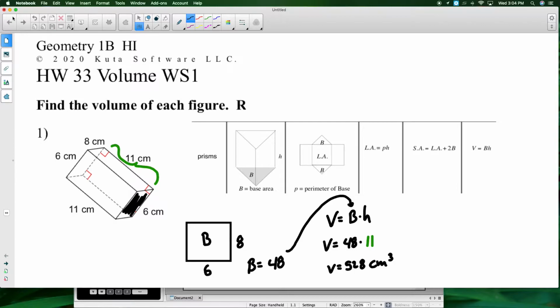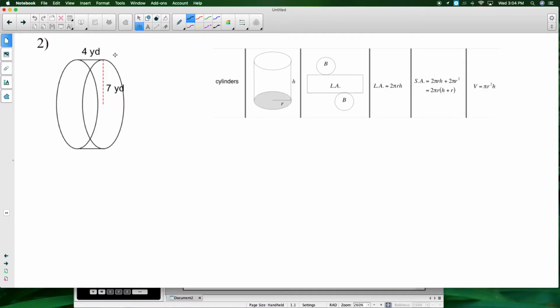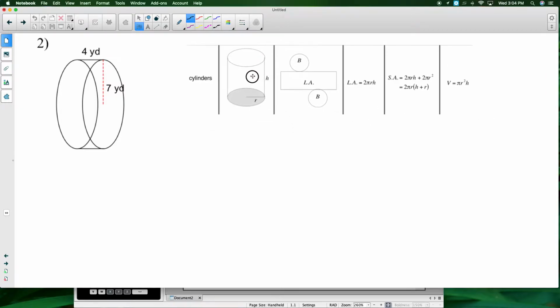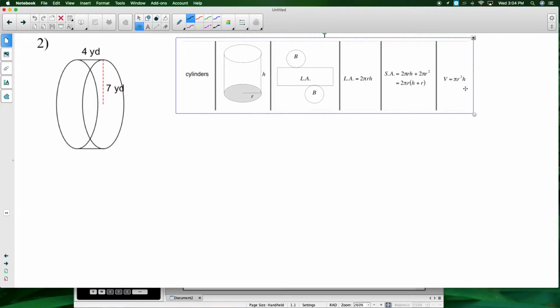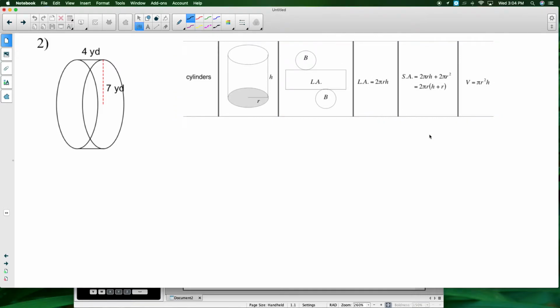Number 2. This one is a cylinder. You can see I have my cylinder formula here and its volume. We're going to be using the last one. I'll write that down very quickly. For me to move forward, I need to know the radius, and it was provided. R is right here.